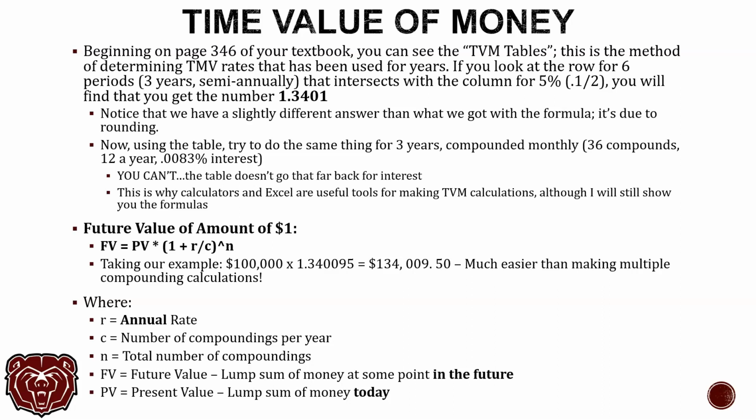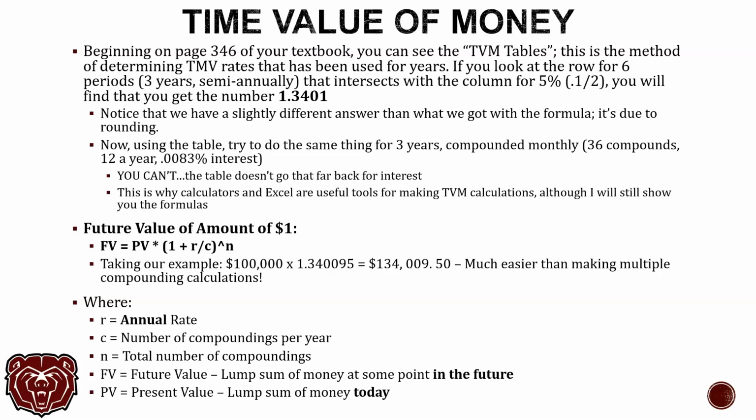Okay, it's a slightly different answer than what we got with the formula, and it's due to rounding. These tables take up space on the page, cost money to print, so they're going to save a little space, and they're going to round it out to 4 digits. Now, are you going to get a different answer if you're multiplying times different principal amounts? Yes, you will. Okay, you just have to realize it is due to rounding.